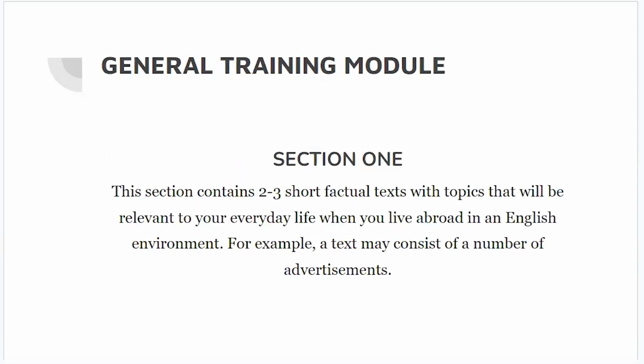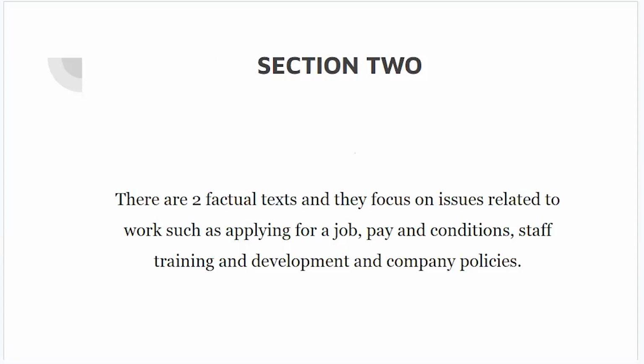For general training, we will be given 2 to 3 factual texts about everyday life when we live abroad, and the second section focuses on work, which is completely related to a workspace.